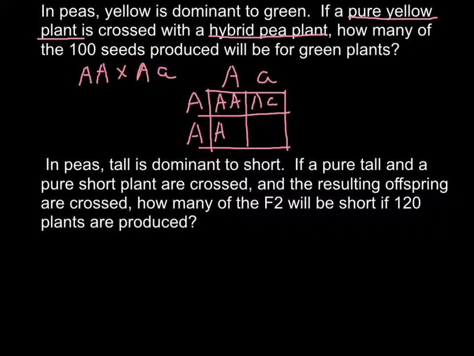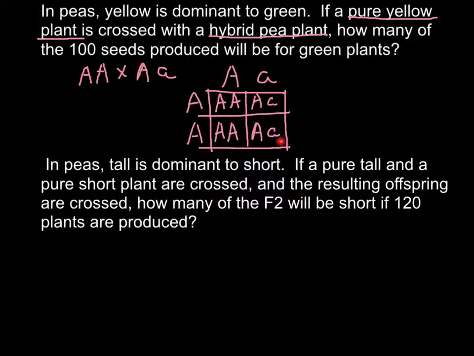So here we have 2 out of 4 that would be pure yellow, and these two also would be yellow but heterozygous.